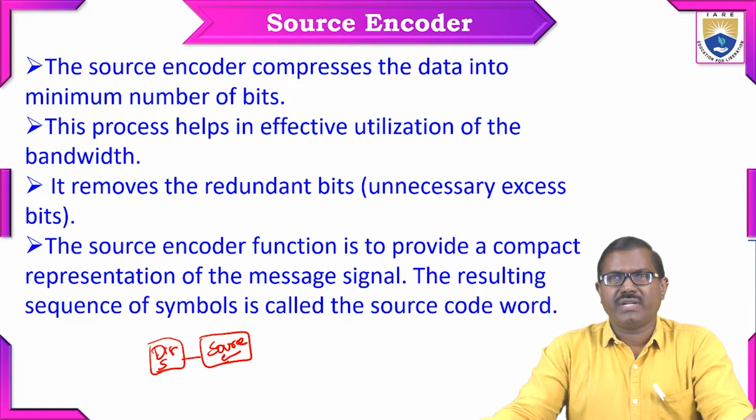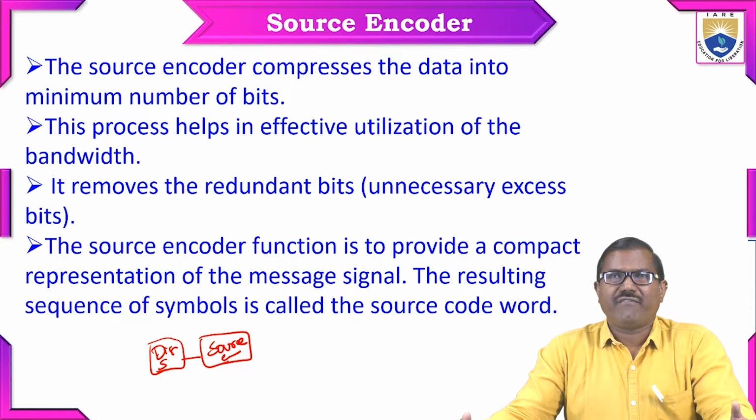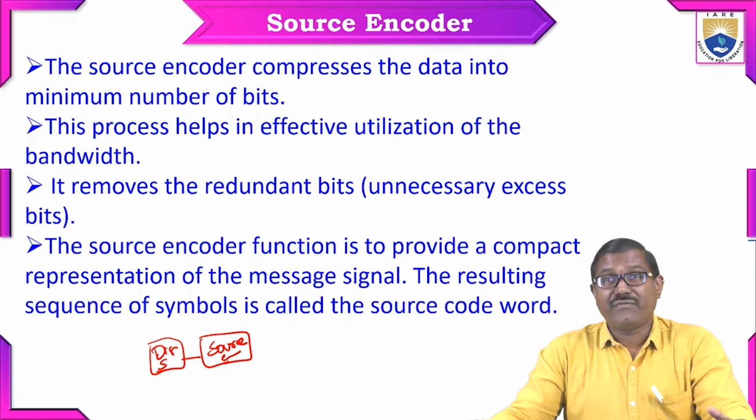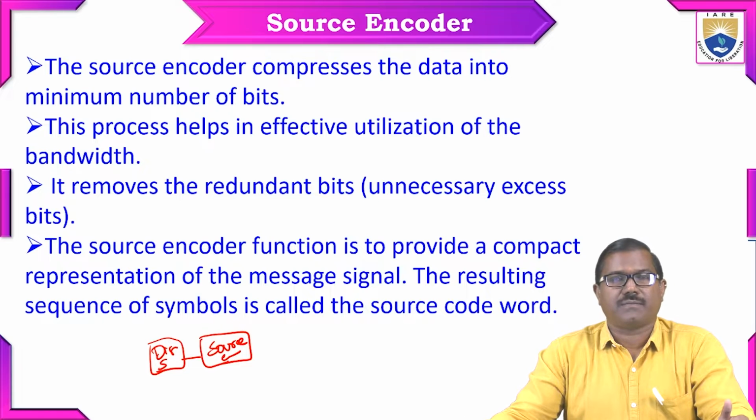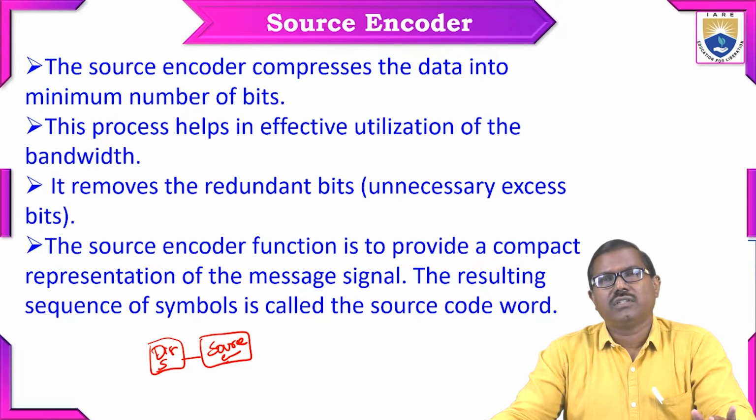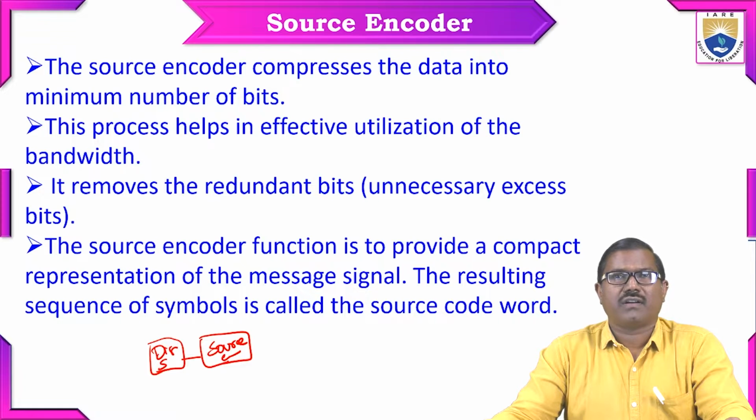After removing the redundant bits, we have effective utilization of the bandwidth. Why? An efficient code is produced, and by using this efficient code, we can utilize the bandwidth. In communication, bandwidth is a very important parameter, so we effectively utilize it. For this, as already discussed, we use two types of algorithms for removing the redundant information.